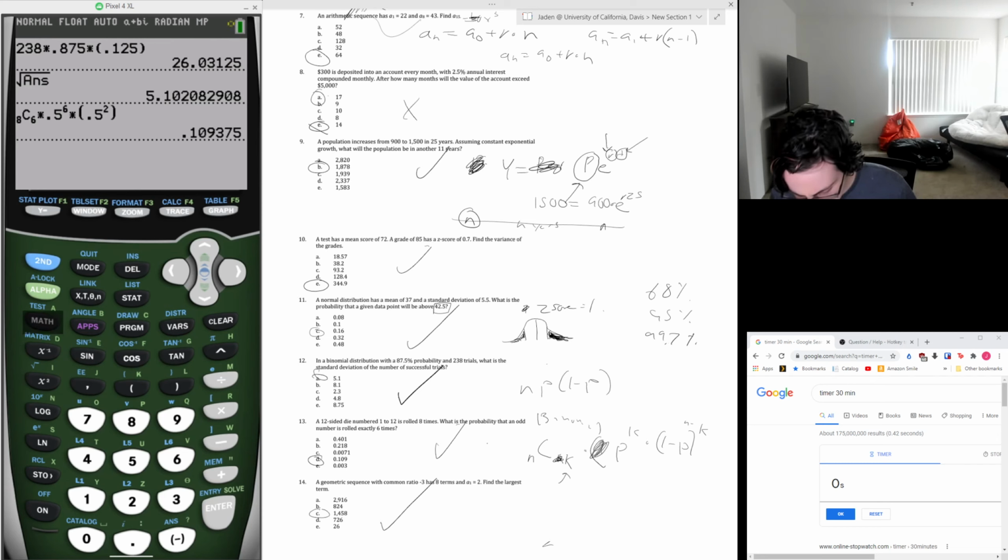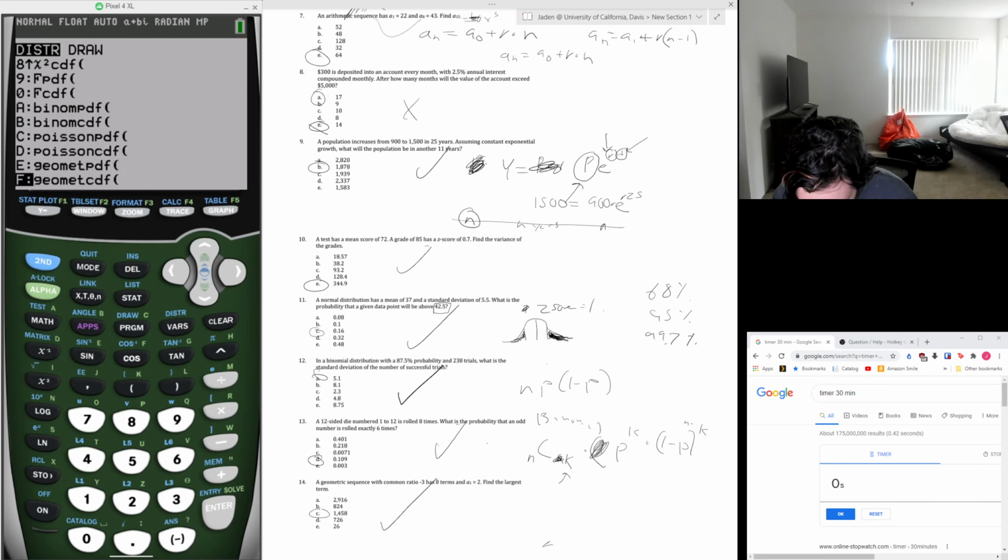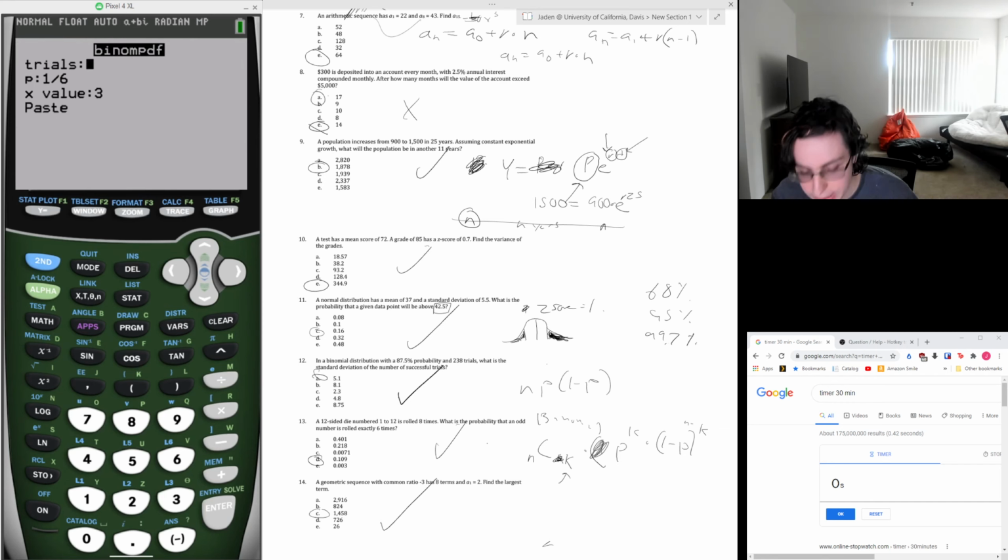I think that there's actually also a way to do this in the calculator, where I think it's binomial PDF. So this actually might be easier for you to remember. I like doing it the old-fashioned way, though.